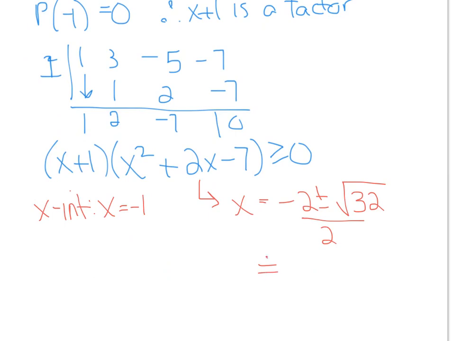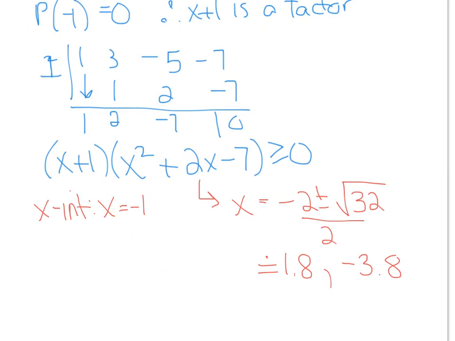It doesn't look like it factors. If we approximate those as decimals, we get about 1.8 and about negative 3.8. So we have 3 x-intercepts. Of course, if we weren't graphing, we would use the exact values of those radicals, but since we're graphing, it's okay to go to decimals.